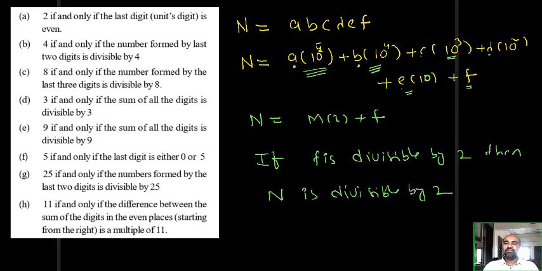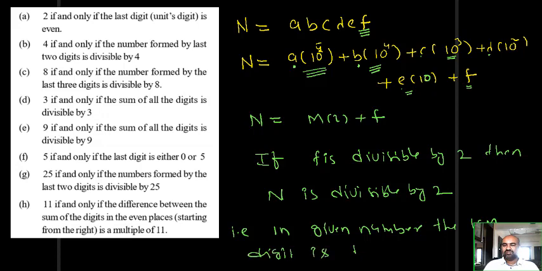In the given number, if the last digit is divisible by 2, then the given number is divisible by 2.